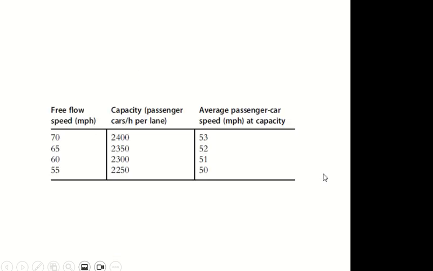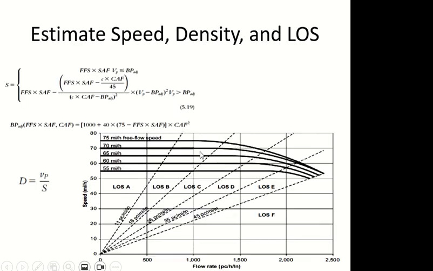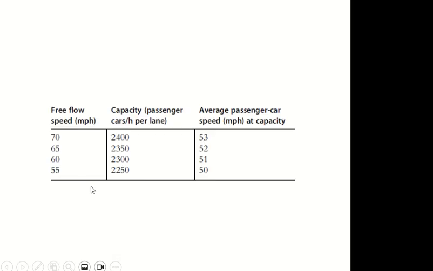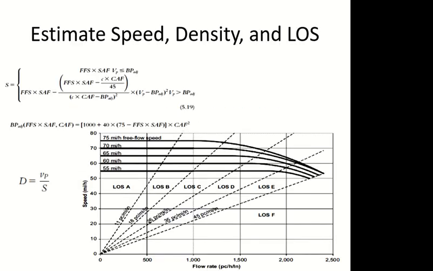What they are giving here, average speed at capacity, is the y-axis value at the end point. When the curve ends, the x-axis shows the capacity and the y-axis has the average speed, and these values are given here.